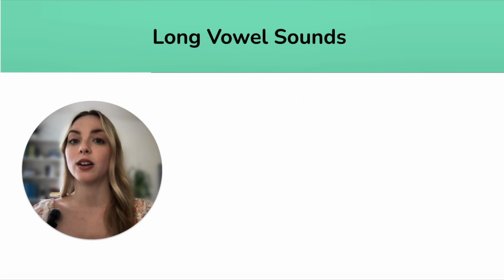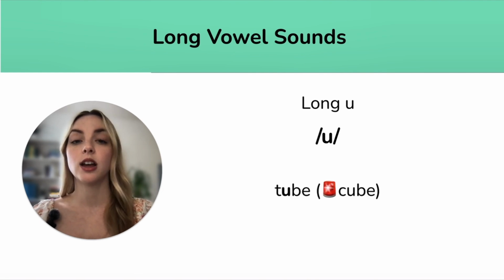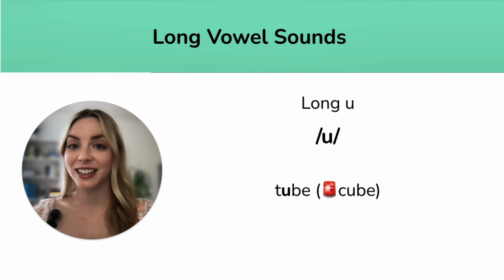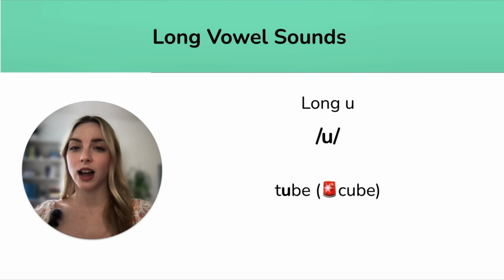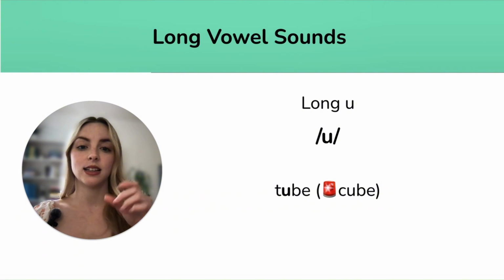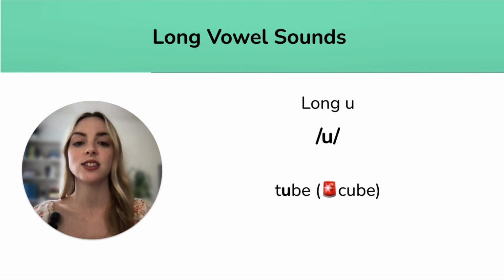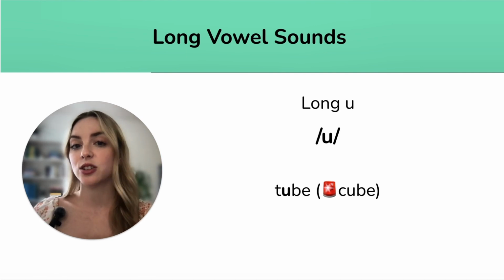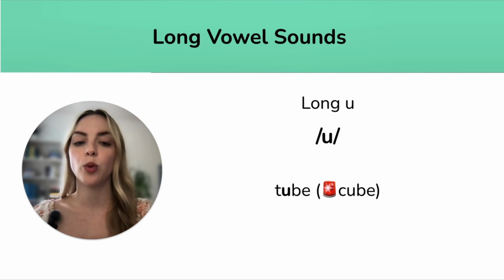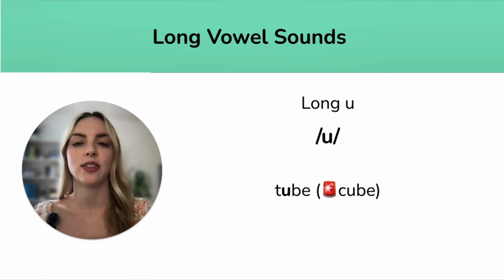Then we have long U, which sounds like ooh, like in the word tube. Now, careful, because of that rule I said before, consonant, then vowel, consonant with silent E at the end makes that vowel long. And in this case, that's true for tube, right? But in the word cube, we have that extra sound at the beginning.